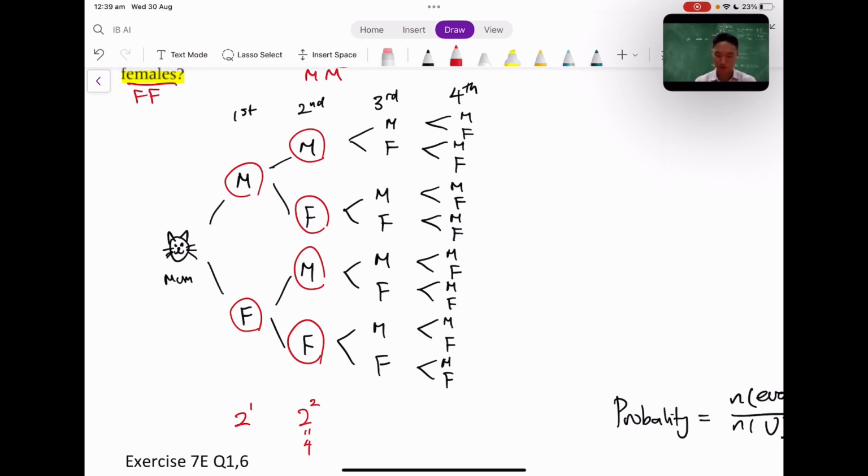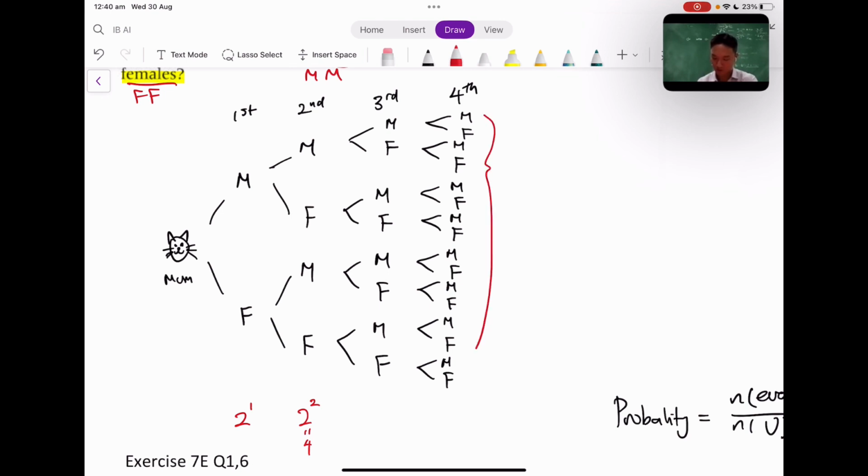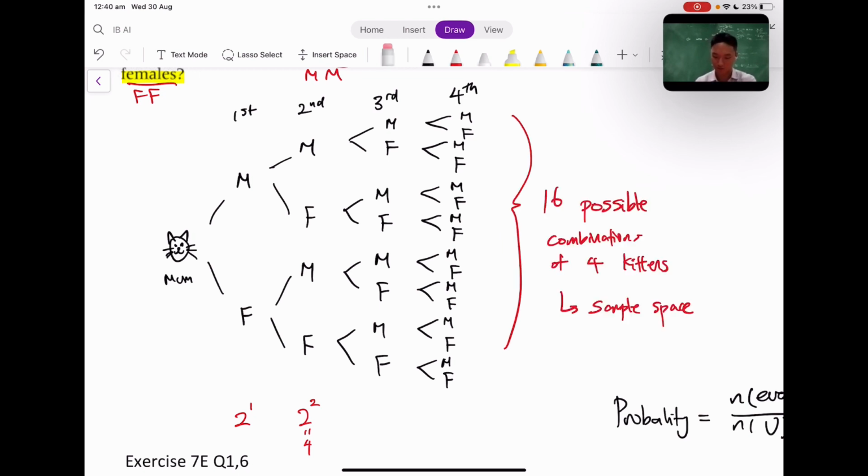What we can notice is if we complete this tree diagram all the way to the 4th column for the 4th kitten, there are a total of 16 possible combinations of 4 kittens.